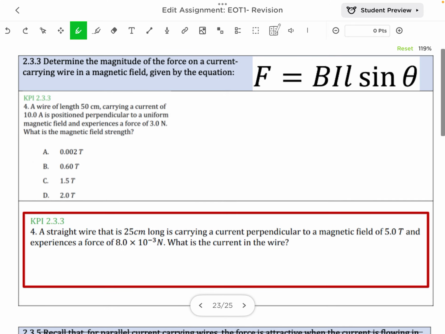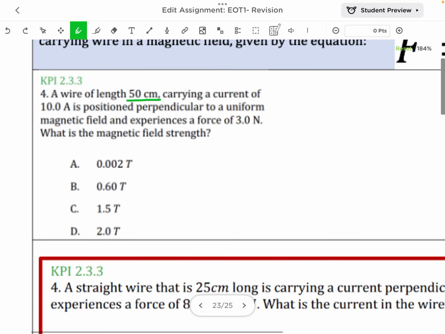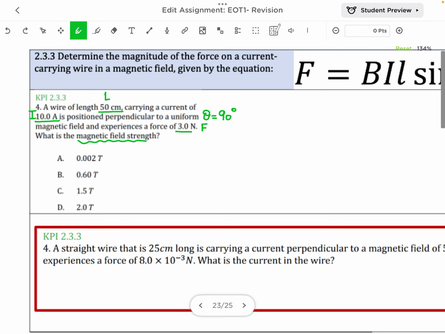2.3.3, determining the magnitude of the force on a current carrying wire in a magnetic field. We have a wire of length 50 centimeter carrying a current of 10 amps, positioned perpendicularly, the angle is 90, to a uniform magnetic field. It experiences a force of 3 Newton. What's the magnetic field strength on this wire?